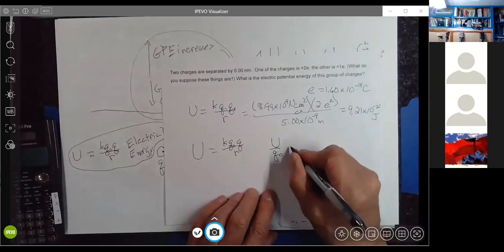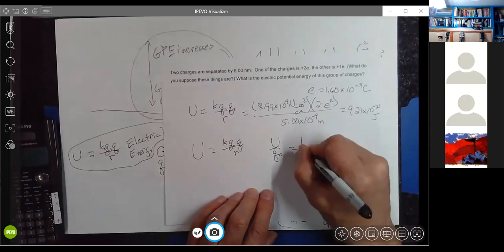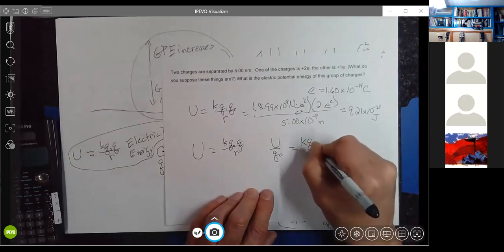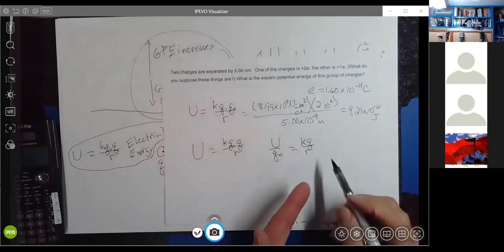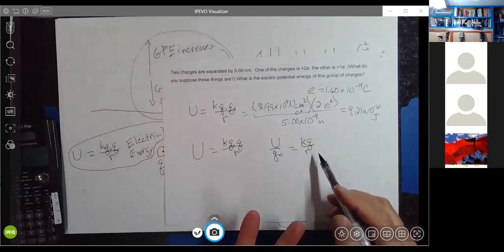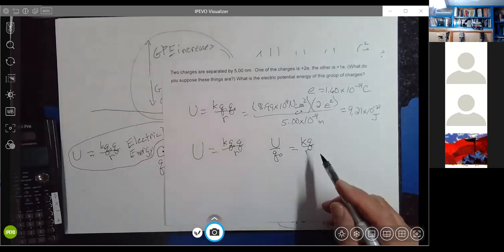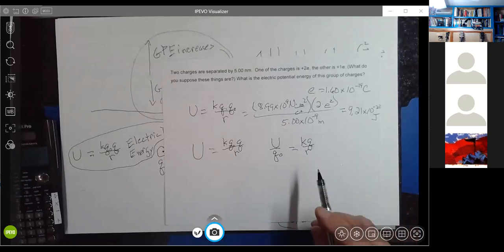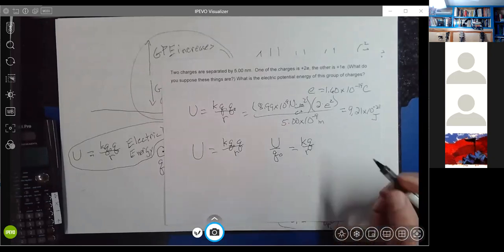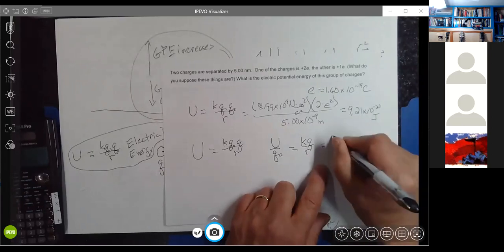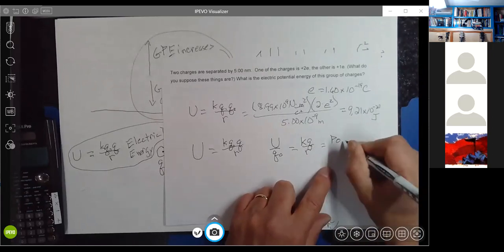And when I do that, I would just have KQ over R. And so for some particular charge, I would pick a particular distance from it and call that the potential energy per unit charge at that point, which is going to be a weird idea.